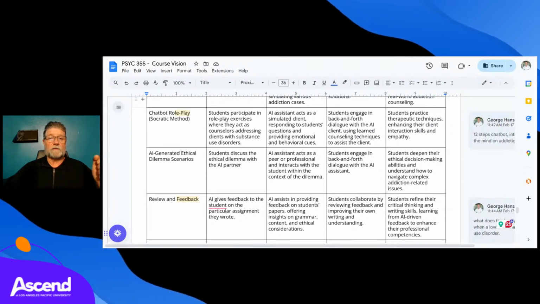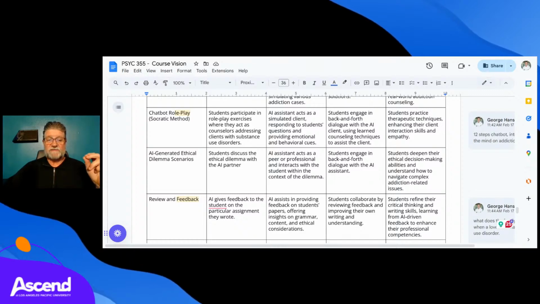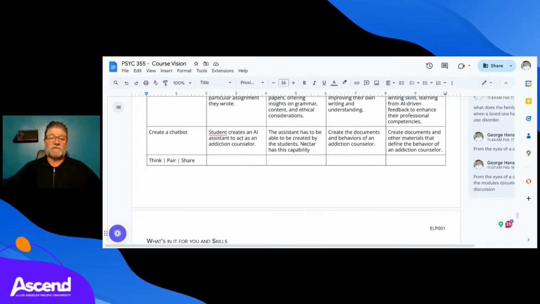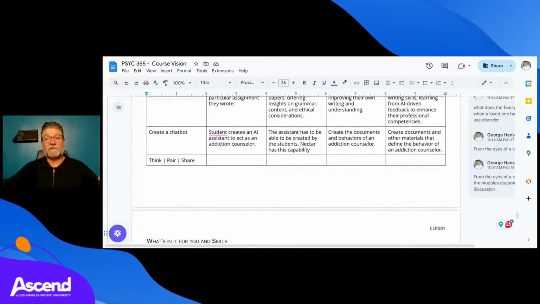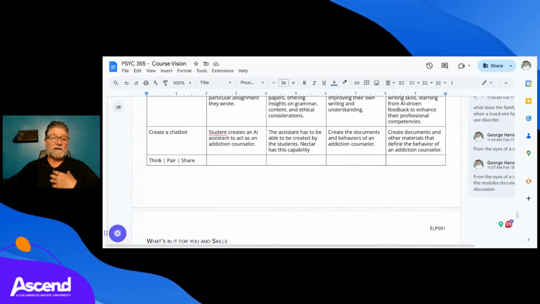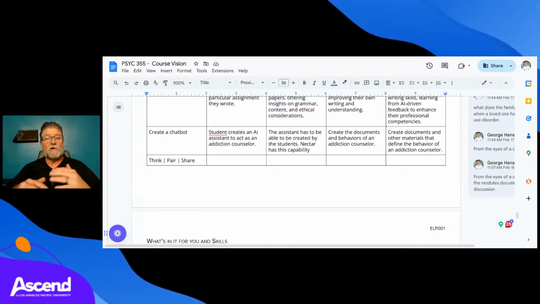I am in the correct spot now. The chatbot role play, AI-generated ethical dilemma scenarios, review and feedback. My think, pair, share, which is incredibly powerful. All of that happened through a conversation that I had with Spark, our AI assistant, and it helped me work through this.